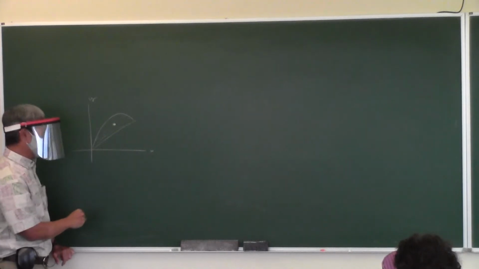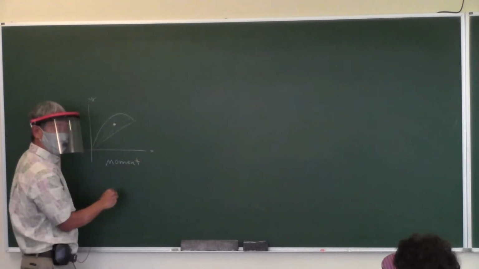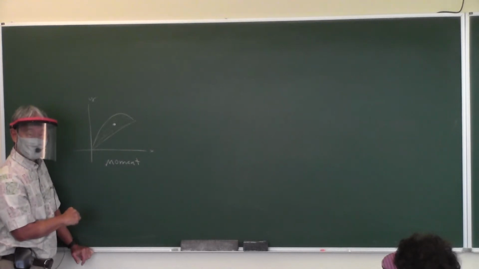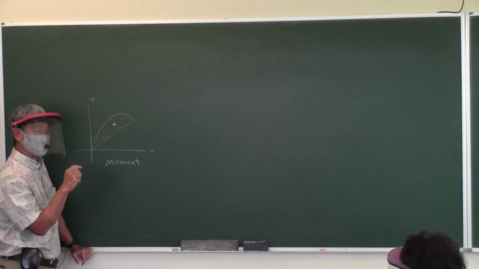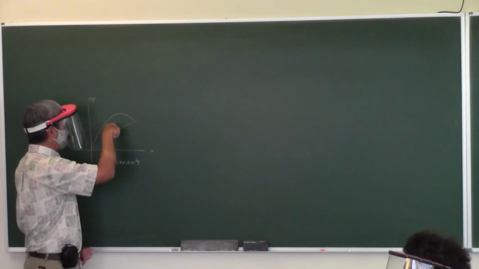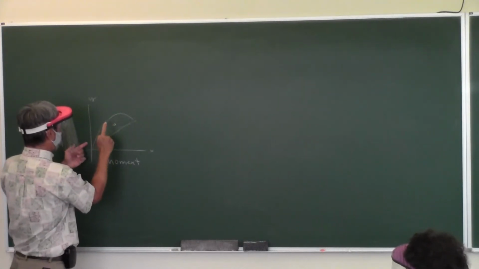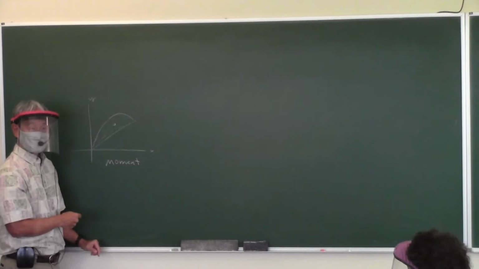Then, do you guys know the word moment, right? Moment of gravity, moment of force. It's like the tendency to rotate something. So if you apply a force here, doesn't it attempt to rotate it around the y-axis? Yes.